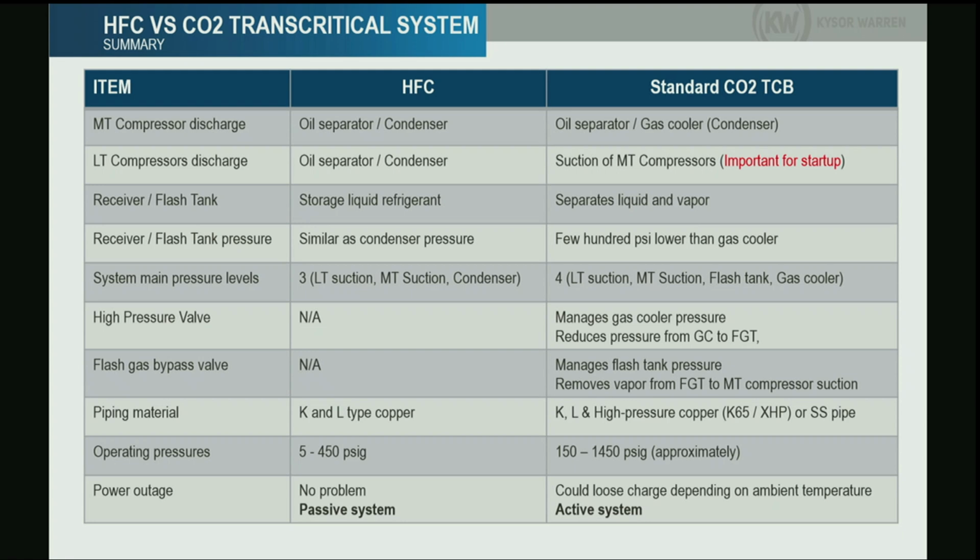I'm not sure if you have heard of K65 copper, but basically it's an alloy of copper and iron. It has about 2% iron content that makes the copper stronger, so it can be used for high pressures. That is why we need K65 on the high side pressure of the system. Or, again, people use steel pipe in that area as well.